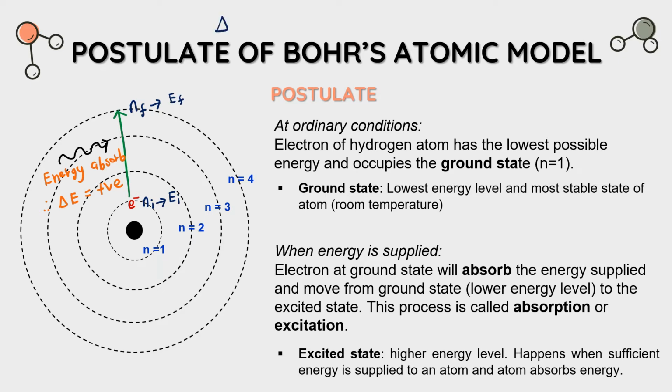So the delta E will be the difference of energy, Ef minus Ei, whereby this Ef is the energy of the electron when it is at, in this case, N4, and Ei is the energy of the electron when it is at N1.